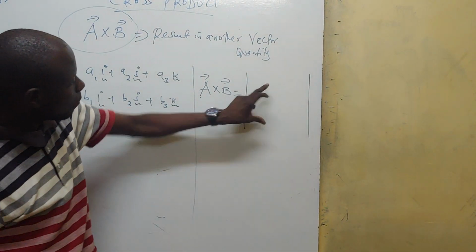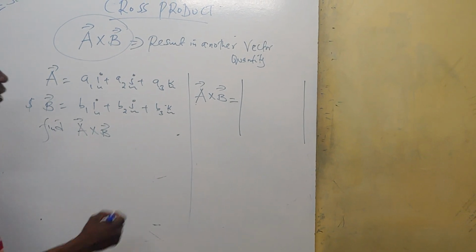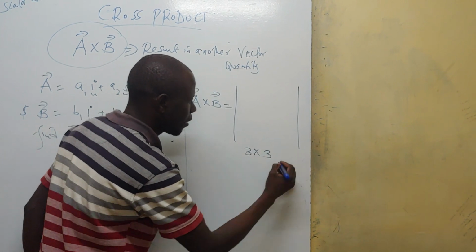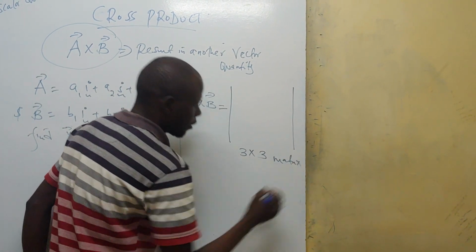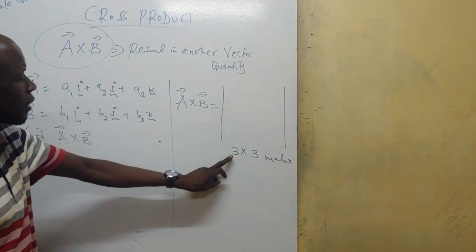But the elements of this 3 by 3 matrix are going to be as follows. A 3 by 3 matrix is a matrix having 3 rows.